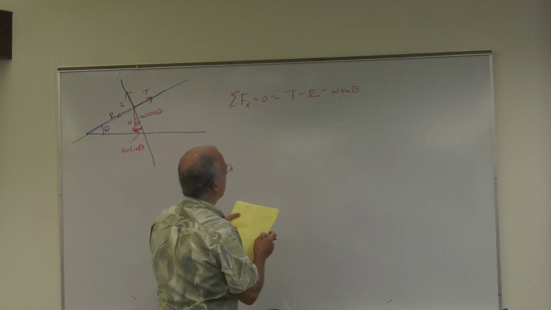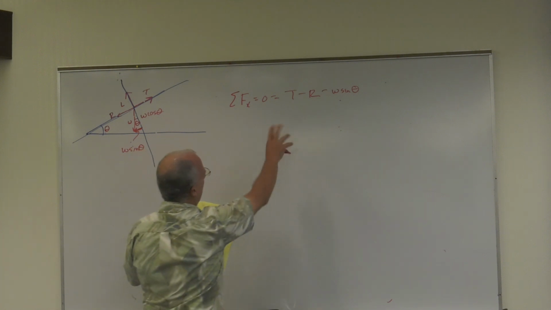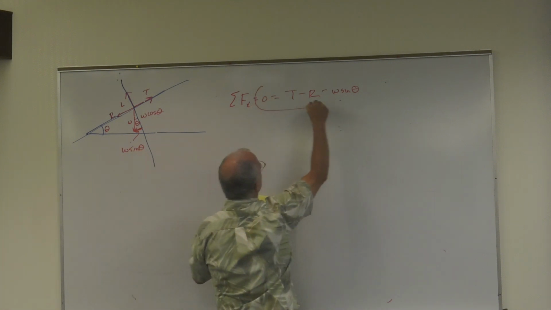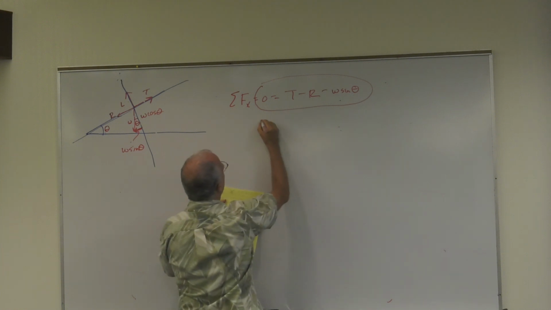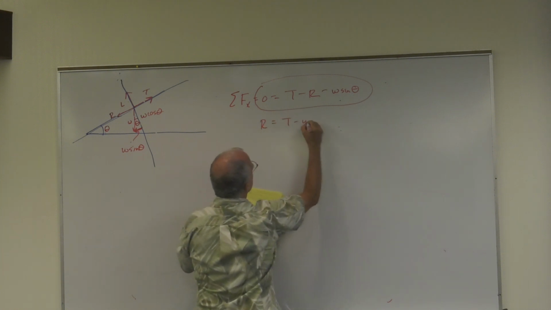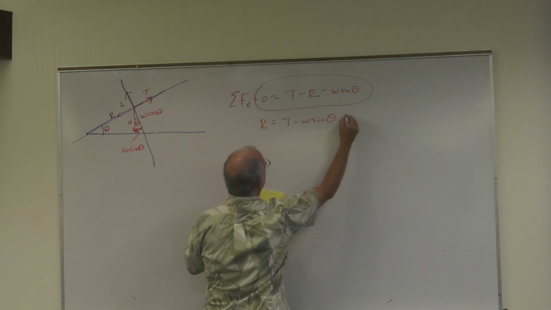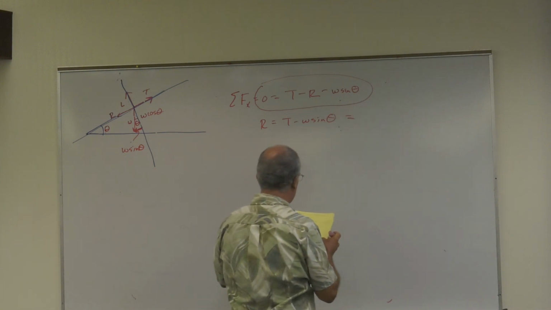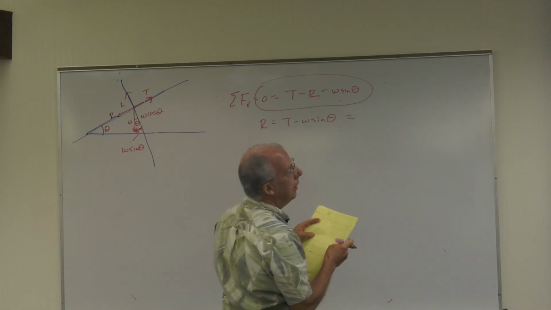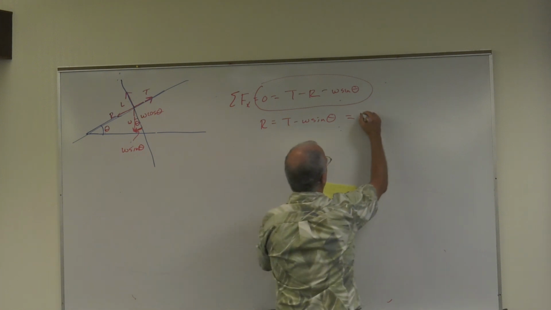Okay, so we're trying to find R. Let's solve for R, right? So here's the equation. So solve for R, so just put R to the left. So we have R equals T minus W sine theta. So T, where's T? 103.